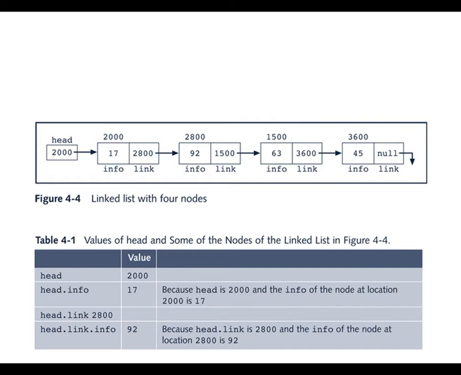The value is 2800, because head points to the first node and the link of the first node is 2800. Next, head.link.info, that is 92, because head.link is 2800 and the info of the node at location 2800 is 92.